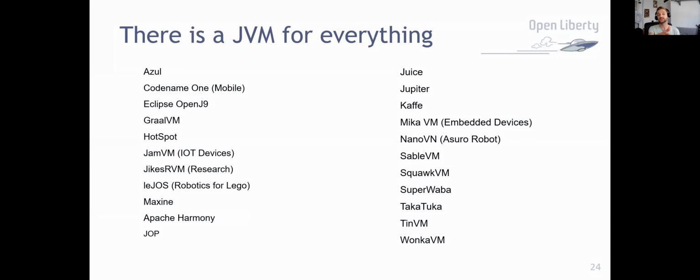There's also the Maxine JVM, which is basically what GraalVM has become these days, and that was created at Manchester University in the UK, actually. And there's one called JuiCE, etc. So you need to look at what you're trying to build and then find a JVM which has the characteristics you need, because lots of different JVMs are all tweaking things in different ways to get the best characteristics for their users.